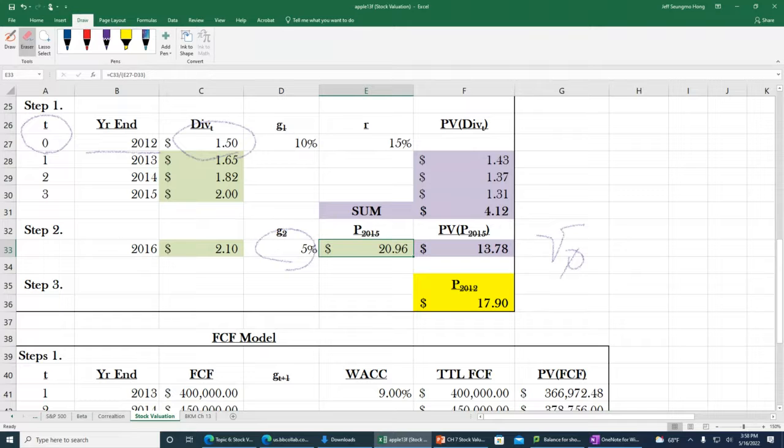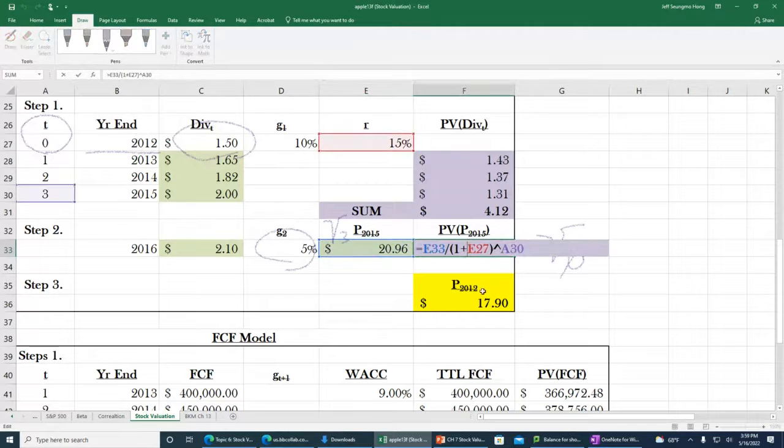So what does that mean? This is actually the price of the stock at the end of time 3. So all you need to do is discount it 3 years back. You only need to discount it 3 years back.